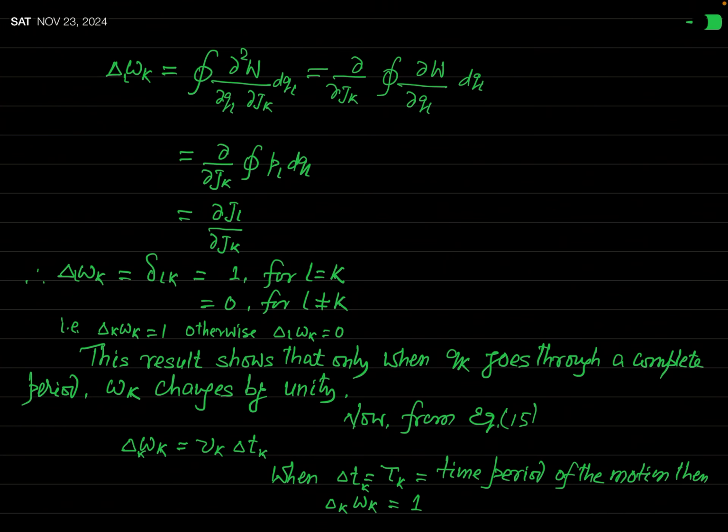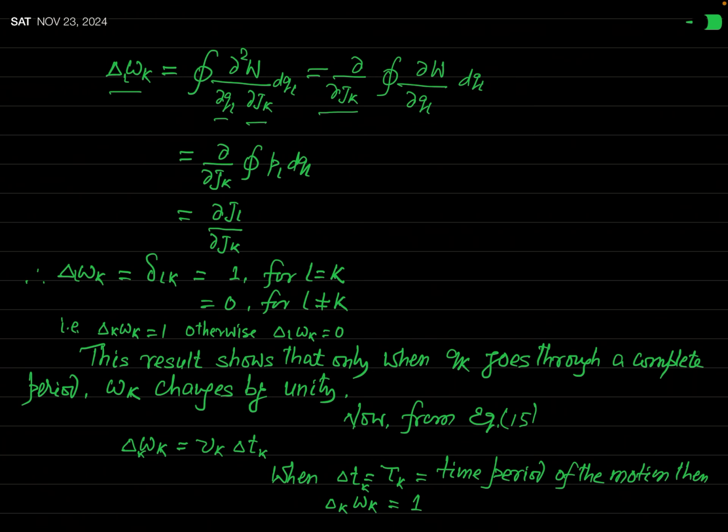And so this delta L omega k is equal to the integral over the complete cycle of del 2 W by del QL del Jk times dQL. Now, since the integration is with respect to QL, you may take this operator outside of the integral, del by del Jk, integral of del W by del QL dQL.